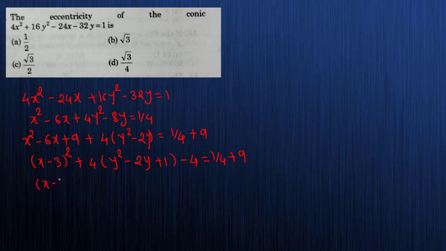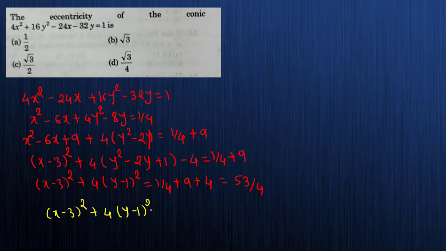So it is x minus 3 whole square plus 4 into bracket y minus 1 whole square, which equals 1 by 4 plus 9 plus 4. 9 plus 4 is 13, 13 times 4 is 52, and 52 plus 1 is 53, so 53 divided by 4. So finally you will have x minus 3 whole square plus 4 into y minus 1 whole square equals 53 by 4.